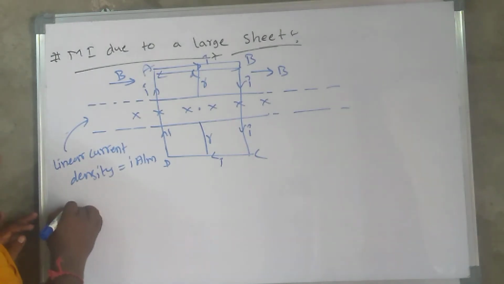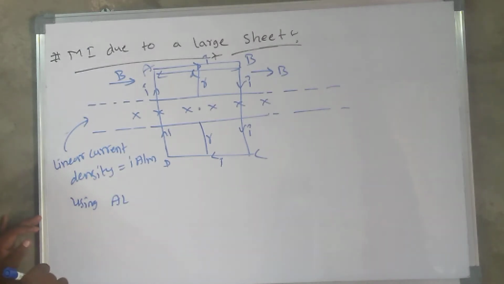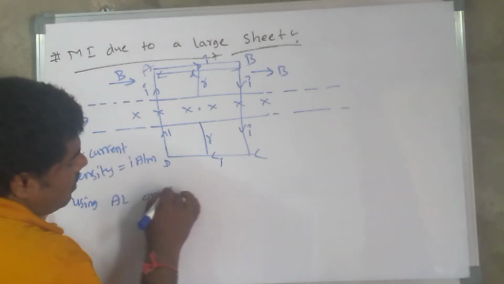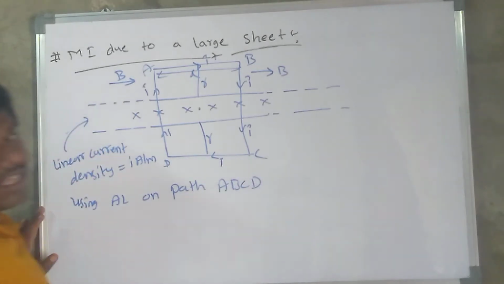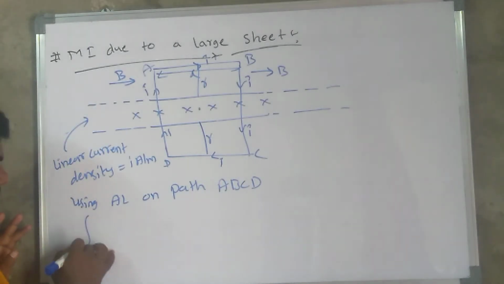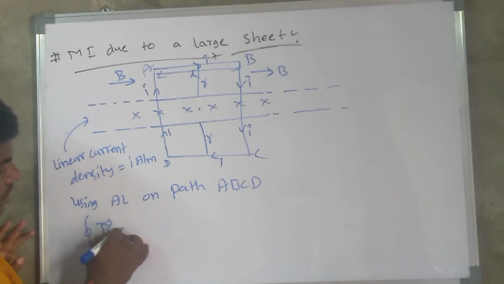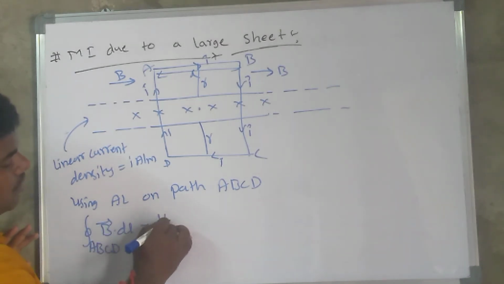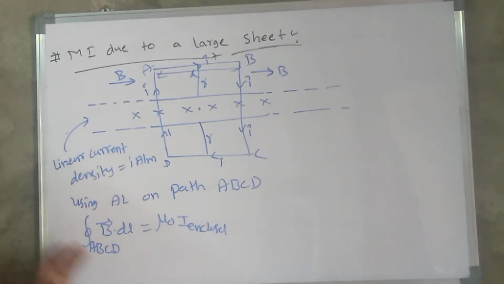Using Ampere's law, on path ABCD, the closed integral of B dot dl should be equal to mu naught into I enclosed.